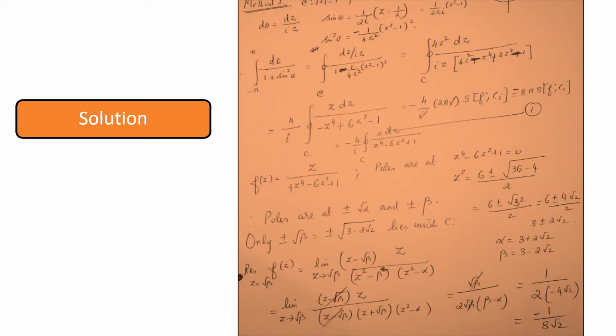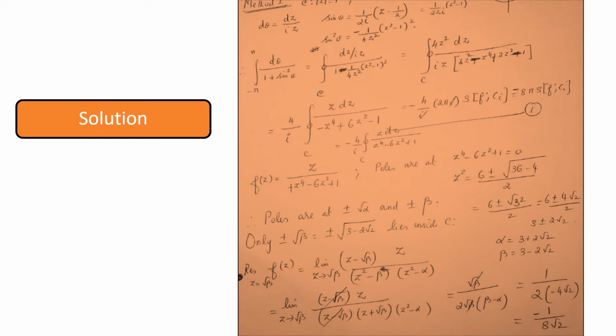Now, in order to show the first method, I have included a handout. So we are trying to make use of the polar form of it. So when z is e raised to i theta, which is cosine theta plus i sine theta, we know that sine theta can be written as 1 by 2i times z minus 1 by z.